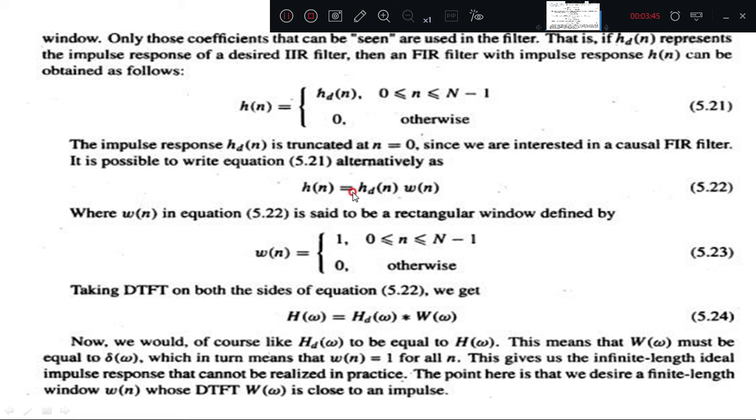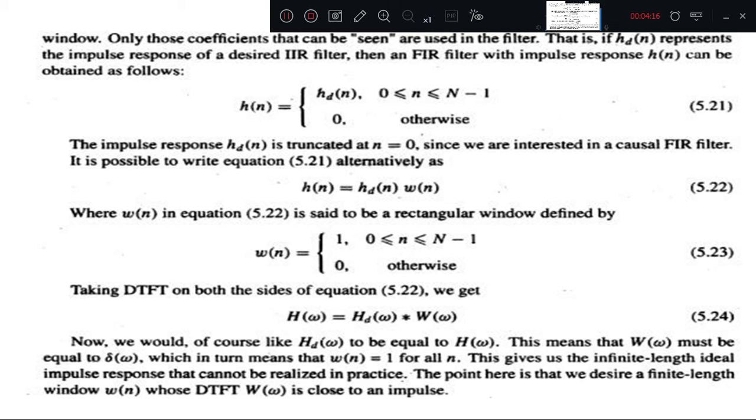So here hd of n is the impulse response of the IIR filter, w of n is the window function, and if you consider a rectangular window, it is defined by w of n equal to 1 for 0 to n minus 1. So 0 to n minus 1 means how many samples you will get: a finite number, that is, n samples we have to choose for the rectangular window.